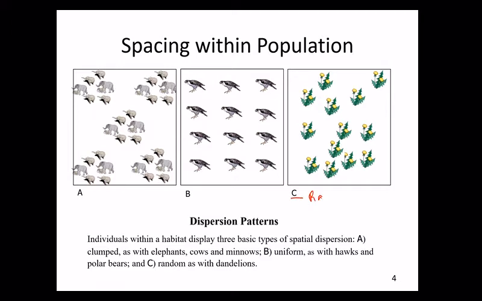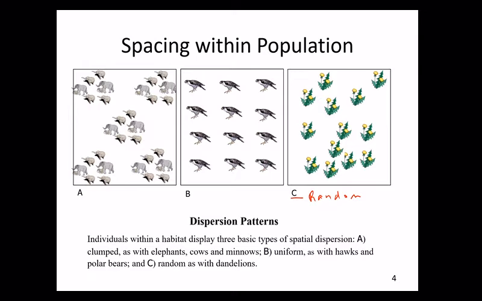Some species, such as our dandelions here, do not strongly interact with each other, and therefore don't have a specific pattern that can be discerned within that population area. So they're just basically random. Wherever the dandelion plants grow is where they grow.